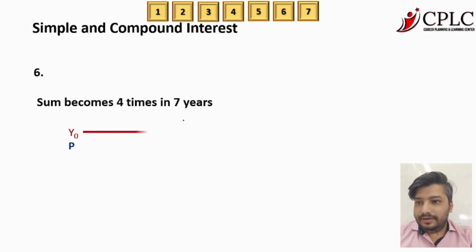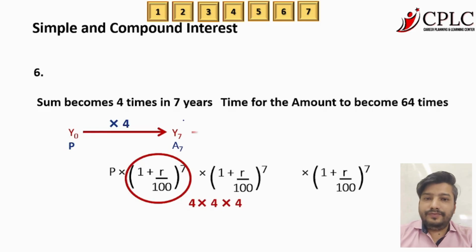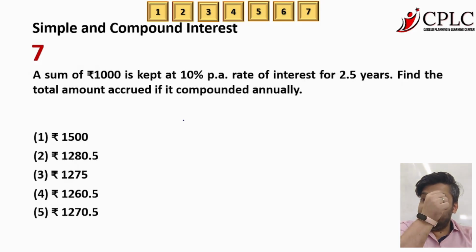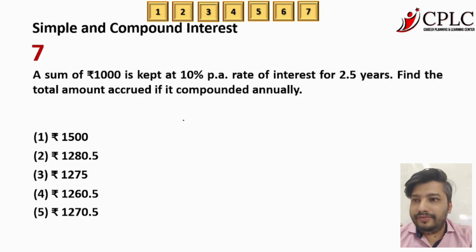Now let's do the 7th one, the last one for simple interest and compound interest, which says a sum of 10,000 is kept at 10% per annum rate for 2.5 years compounded. What is the total amount accrued if it is annual compounding?